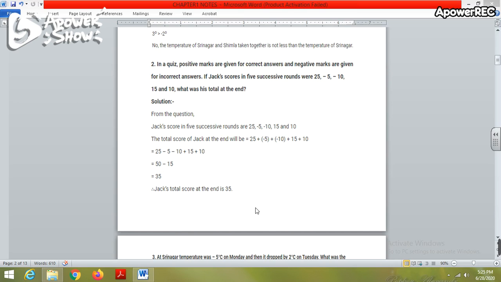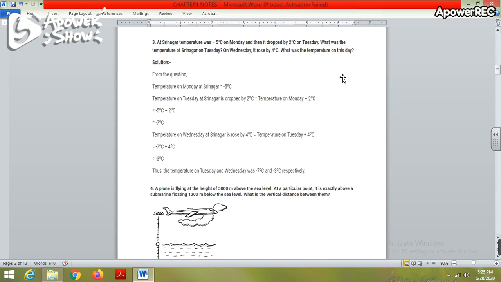Now question number 3 of exercise 1.1. Question number 3 says, at Srinagar, the temperature was -5 degrees Celsius on Monday, and then it dropped by 2 degrees Celsius on Tuesday.